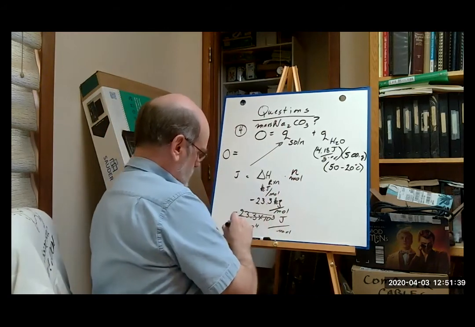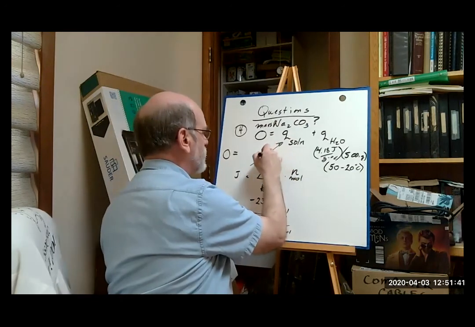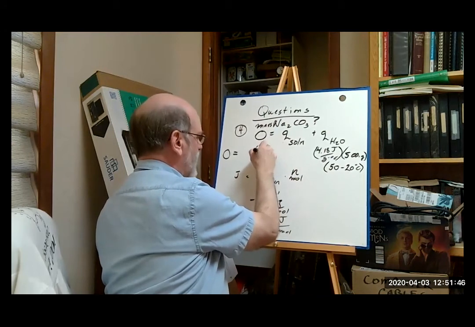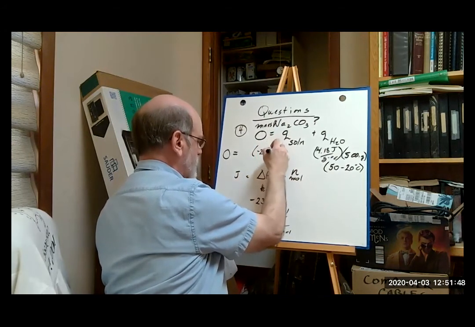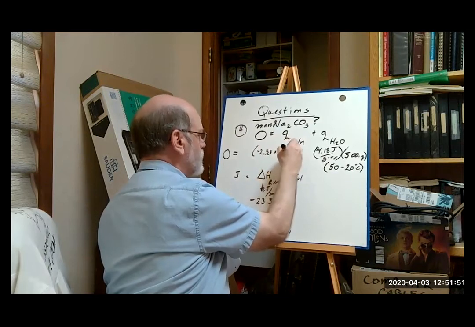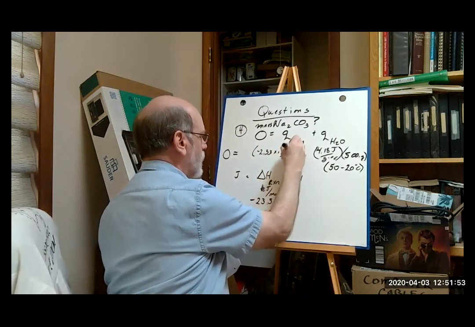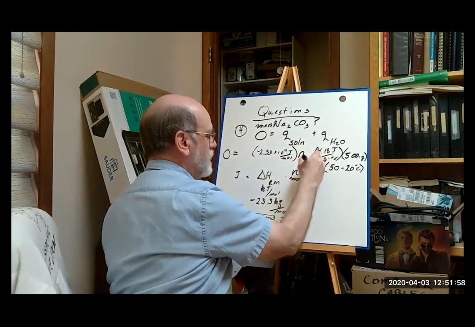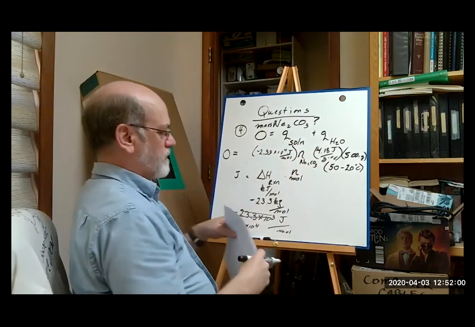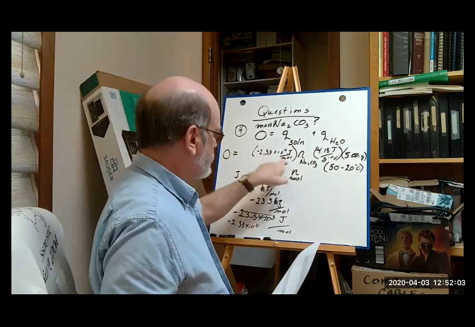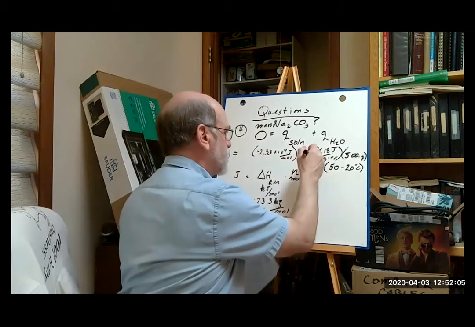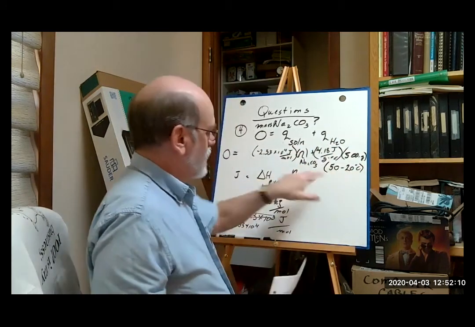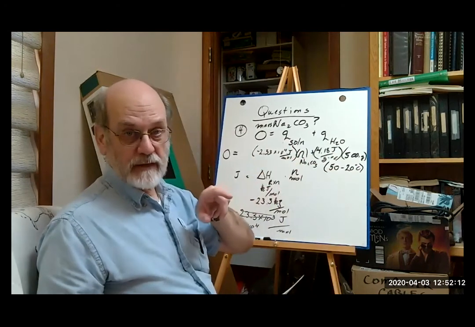So if you put minus 2.33 times 10 to the 4th joules per mole here, and this is moles of sodium carbonate, right? So there we have 0, we have this, there's our unknown, this is plus. That's all known. We only have to solve for moles of sodium carbonate.